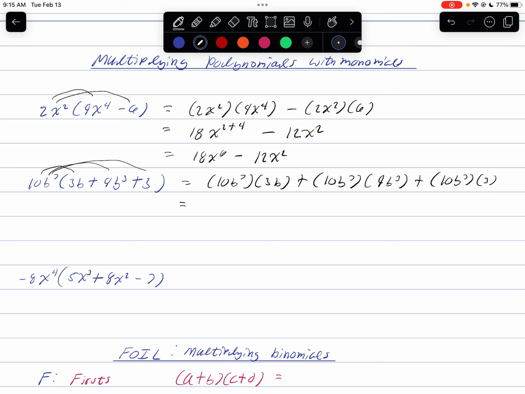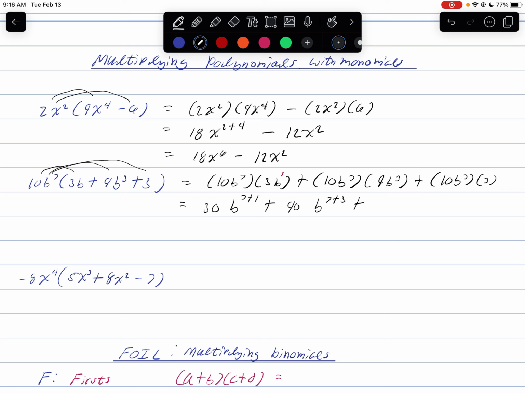So this first term here, we have 10b to the 7th times 3b. The 10 and the 3, that's going to give us 30. And then b to the 7th times b, that's b to the 7 plus 1, because we could think of this as having an implied 1 here. Then for our next term, we have 10b to the 7th times 9b to the 3rd. 10 times 9 is 90. And then b to the 7th times b to the 3rd gives us b to the 7 plus 3 by the power rule.